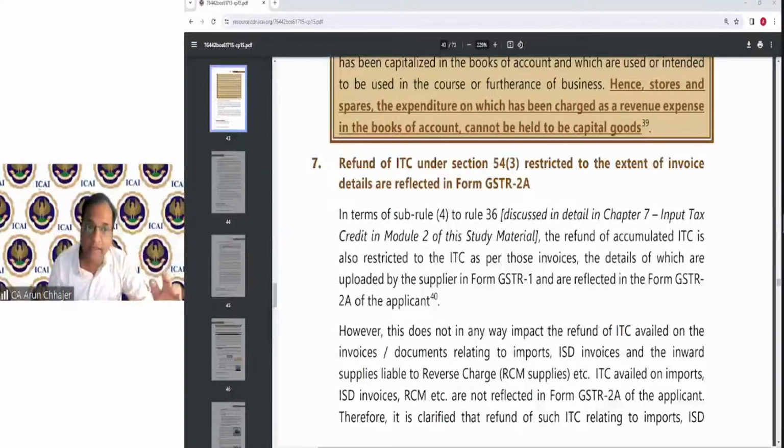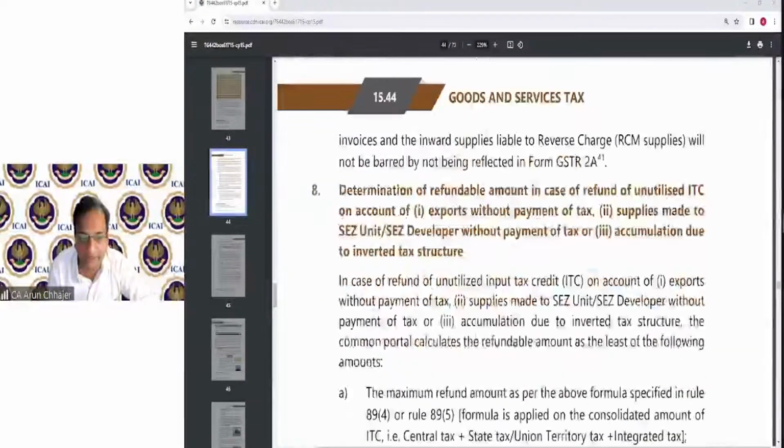Therefore, they are saying that whatever refund you are taking under 54.3, refund of ITC, whether it is zero rated supply or inverted duty, whatever ITC you take, that ITC should be in the GSTR 2A. Okay, there is no requirement to read more detail on that. Correct.